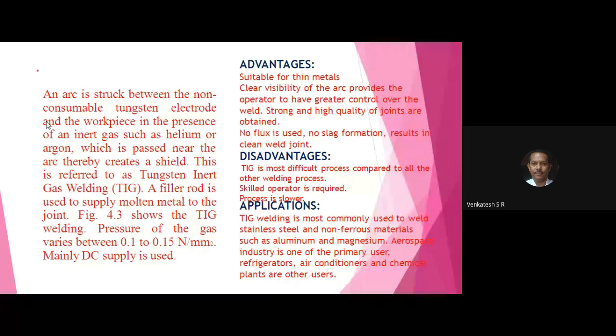Depending upon the thickness of the workpiece to be joined, you can choose the welding transformer accordingly. Now write down principle of operation of tungsten inert gas welding, in brackets TIG.